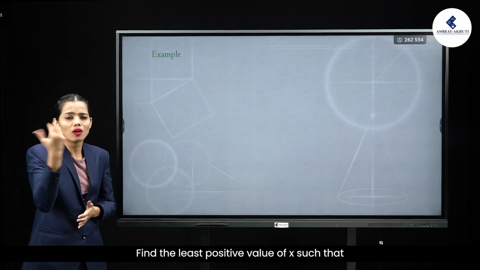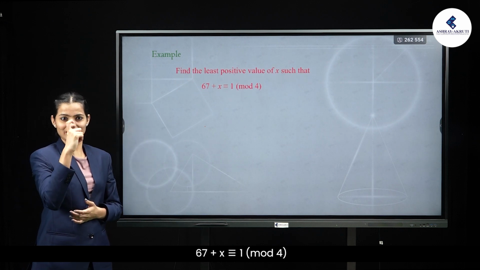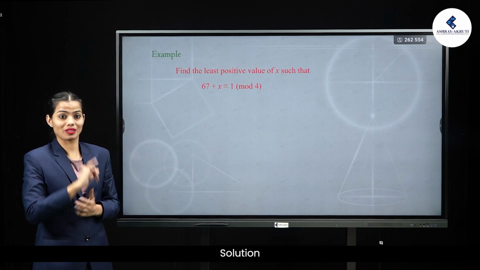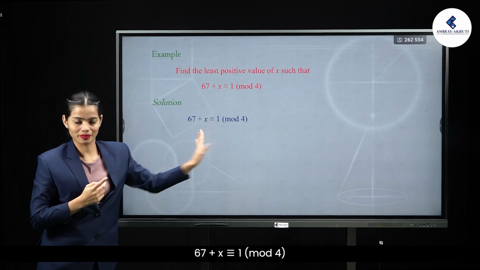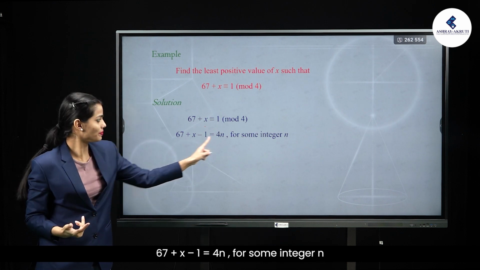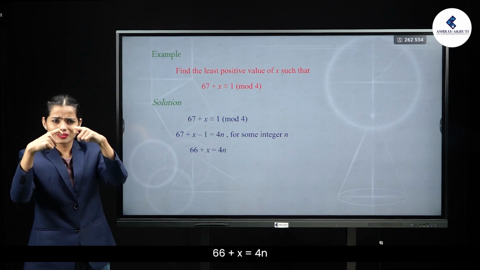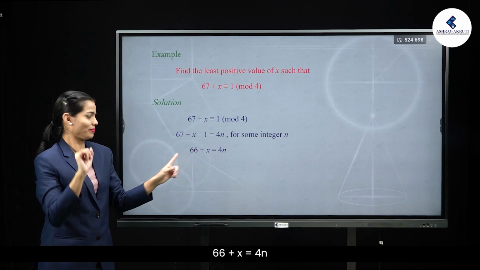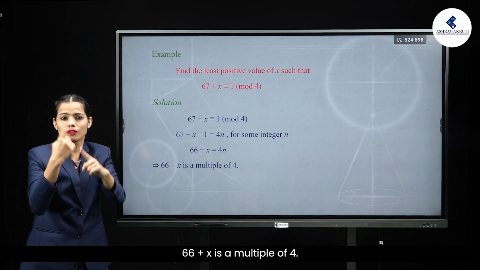Example: find the least positive value of x such that 67 plus x is equal to 1 mod 4. Solution: 67 plus x is equal to 1 mod 4. 67 plus x minus 1 is equal to 4n for some integer n. 66 plus x is equal to 4n. 66 plus x is a multiple of 4.